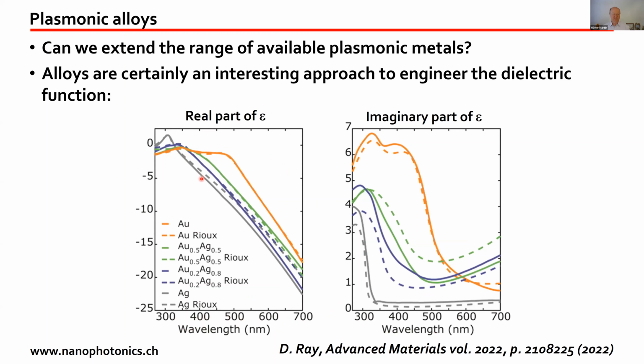You see that for silver, this is what we have seen previously. For gold, we are on the longer wavelengths range. But if we do alloys in between, so 50-50, 20-80, changing just the stoichiometry of the material, we can have different dielectric functions in between that of silver or that of gold.